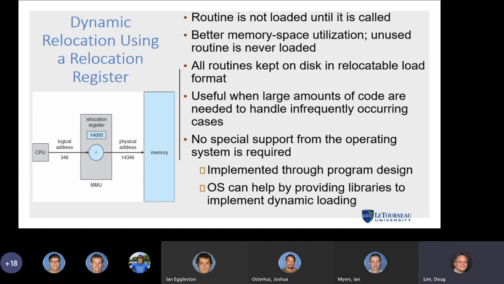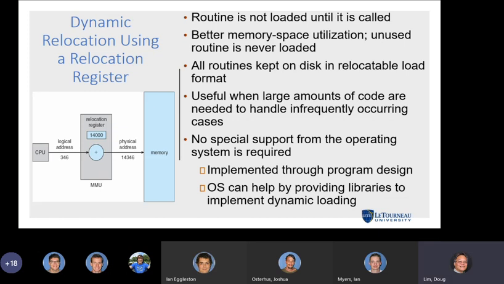Dynamic relocation using a relocation register is pretty straightforward. The routine is not loaded until it's called, which allows for better memory space utilization. An unused routine is never loaded. So here we're doing it as we go, at runtime, in a dynamic fashion.